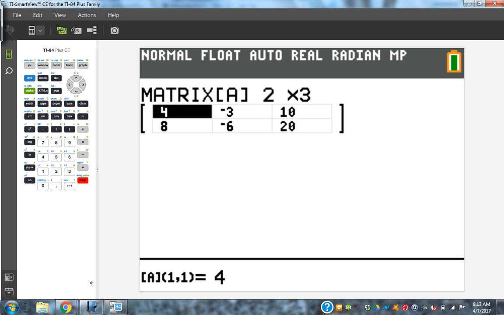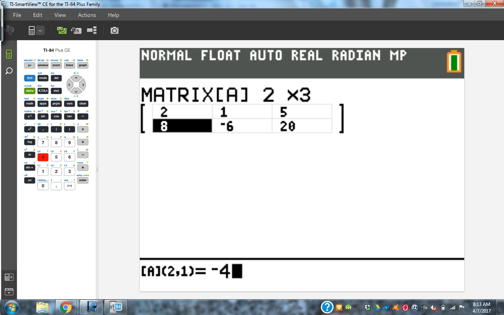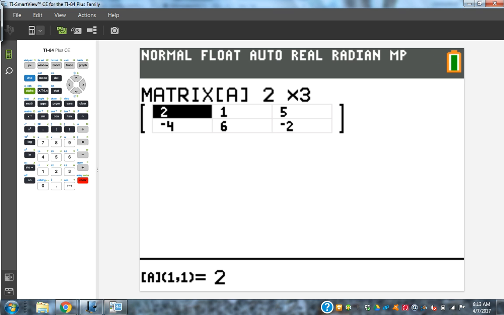And then put in that matrix: 2, 1, 5. And then the second row is -4, 6, -2. And make sure, before you get out of this window, that you've got all the signs right. Because if you miss one sign or mistype one number, it's a completely different problem.